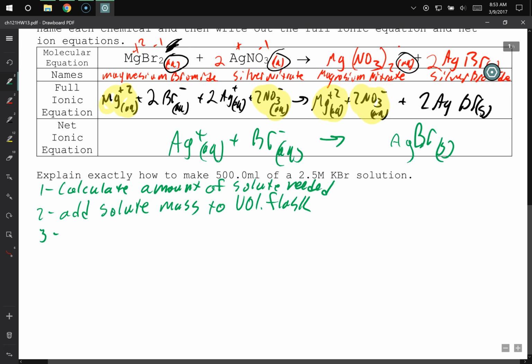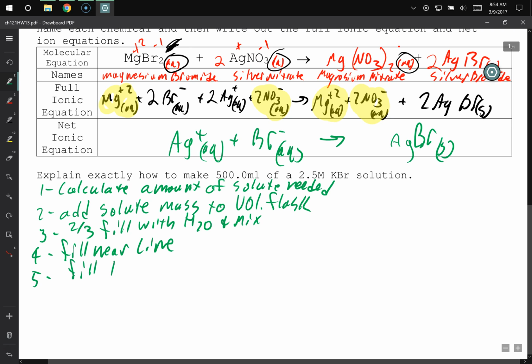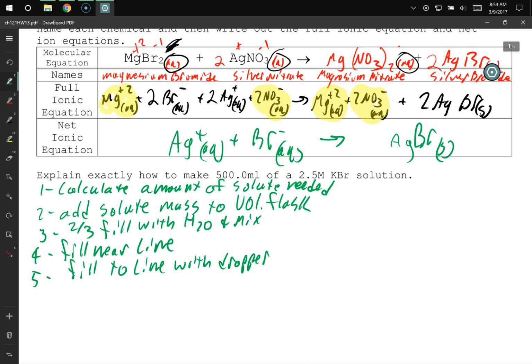Like 2/3 fill with water and mix. Fill near line. Fill to line with dropper. So that's exactly how you're going to make this solution.